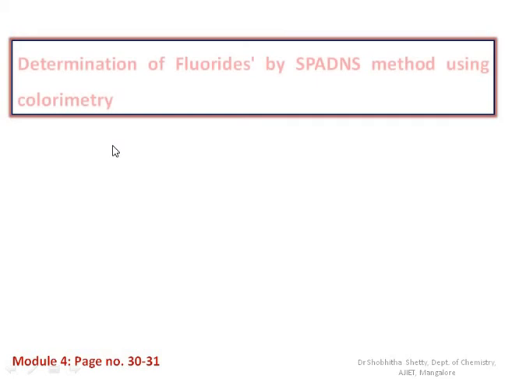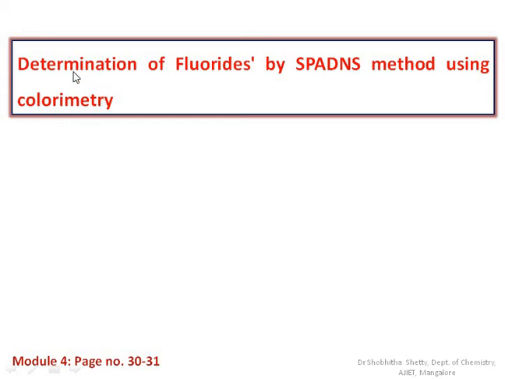So how we can analyze the fluoride content and sulfate content in a water sample. These are very good methods to determine the quality of water, what is the level of fluoride concentration or sulfate ion concentration in water. Usually fluorides are determined by SPADNS method using a spectrophotometer or colorimetry.